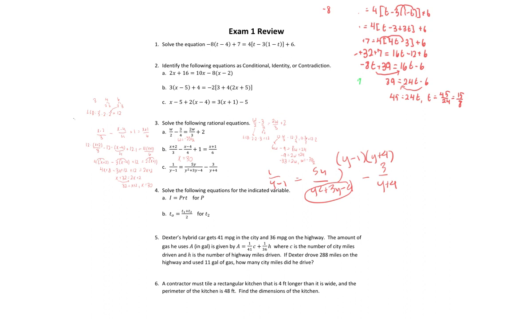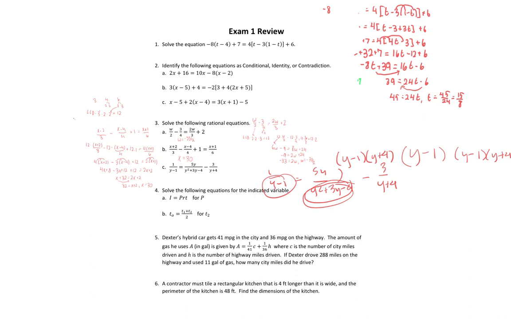We have a y minus 1 over here, and then a y minus 1 and y plus 4 from this denominator term, and then another y plus 4. So we know we're going to have a y minus 1 and a y plus 4, and since the other two have those in common, we know that our least common denominator is going to be y minus 1 times y plus 4.